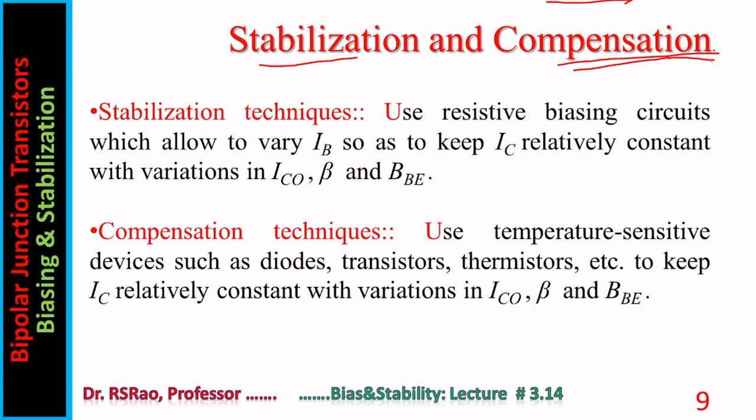So it has to be reduced. If possible, it has to be eliminated completely. Instability has to be removed from the circuit. Certain techniques got developed, which help us to arrest instability, to reduce instability.